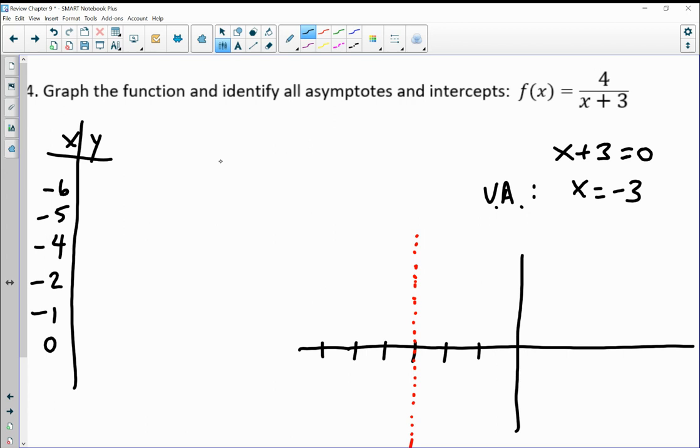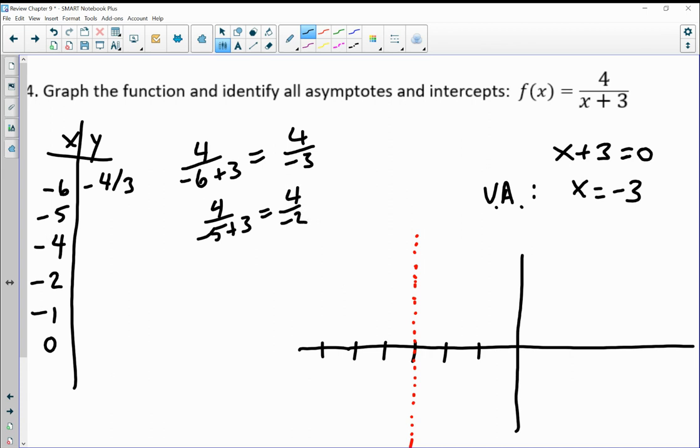Now we just plug into our function. Plug in negative 6: 4 over negative 6 plus 3, 4 over negative 3, so that's negative 4 thirds. 4 over negative 5 plus 3 equals 4 over negative 2, so reduce it to negative 2. 4 over negative 4 plus 3 gives us 4 over negative 1, so negative 4.